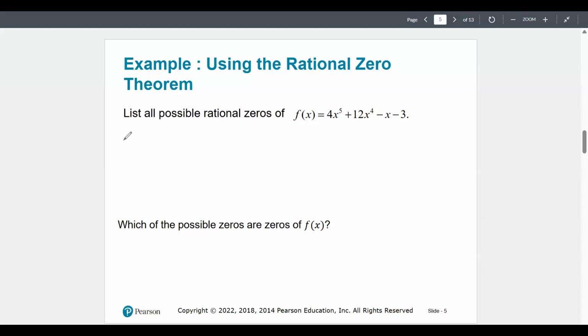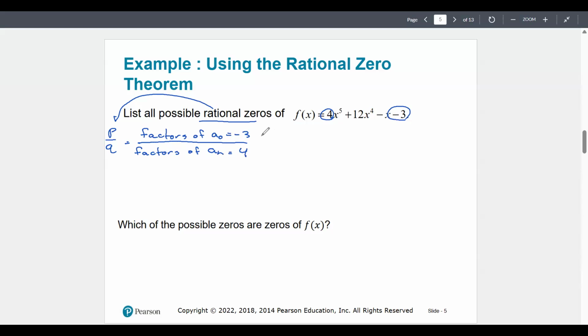So what we're going to have is P over Q. These are, like I said, possible rational zeros. P is going to be factors of a naught, which is my -3. Q is going to be factors of a_n, my leading coefficient.